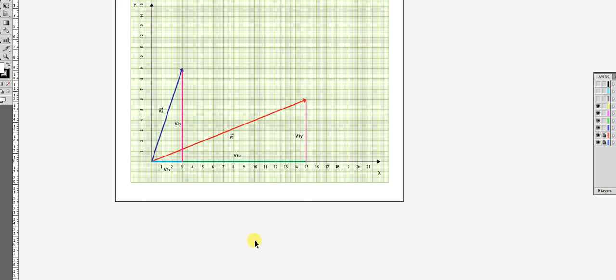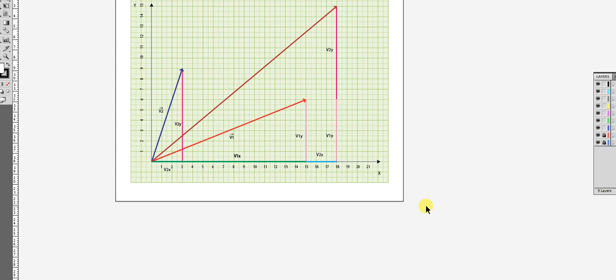Okay, so now I add the x components together. This is the first x component plus the second x component. And I add the Vy components. This is the first Vy component, and this is the second Vy component, and I have a new vector.